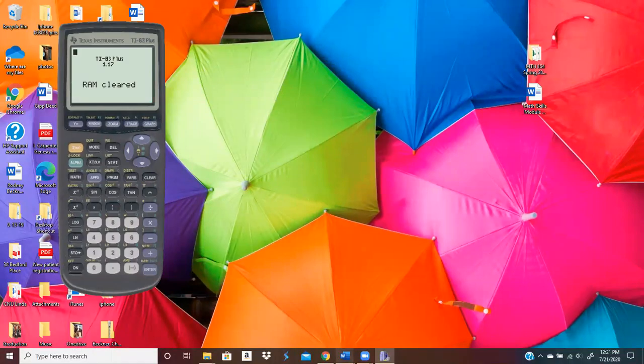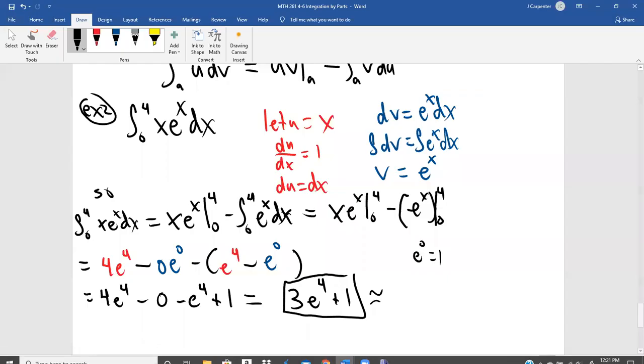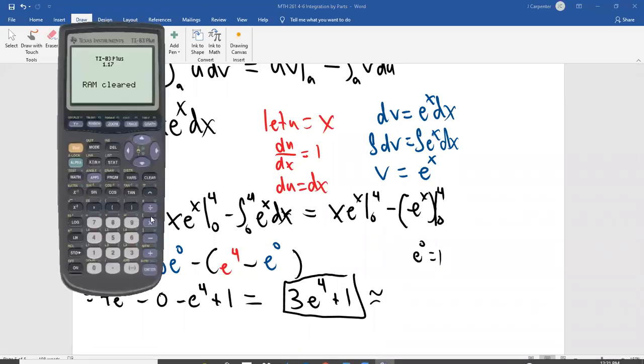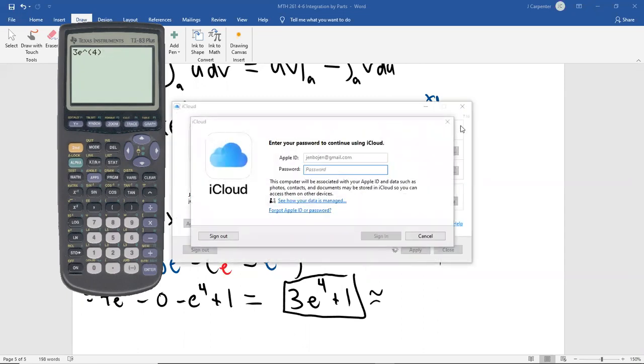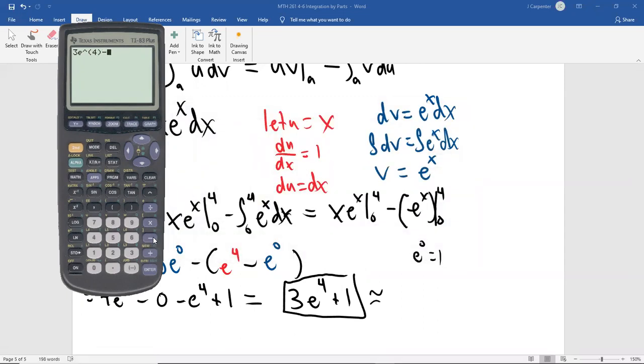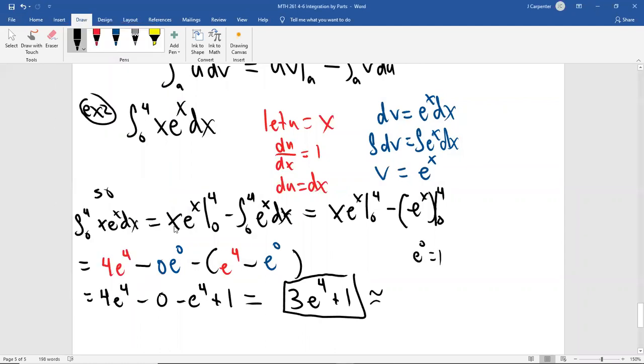So that problem was 3e to the 4th plus 1, so 3, e with an exponent of 4, close the parentheses, then plus 1. And we get 164.79, so let's round to the nearest tenth, so 164.8. Or if you round to the nearest whole, about 165.